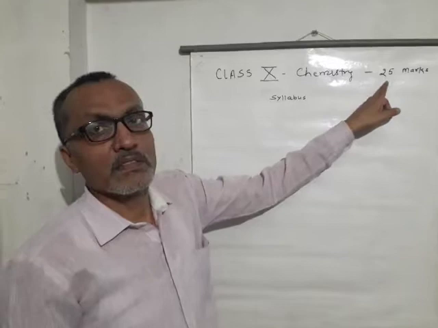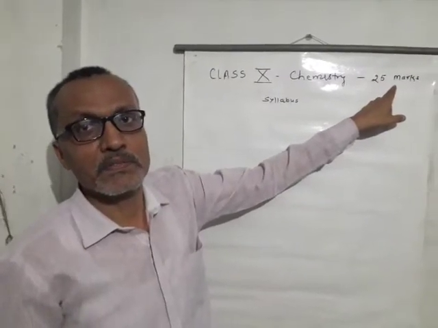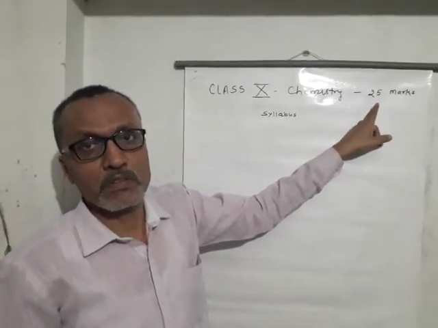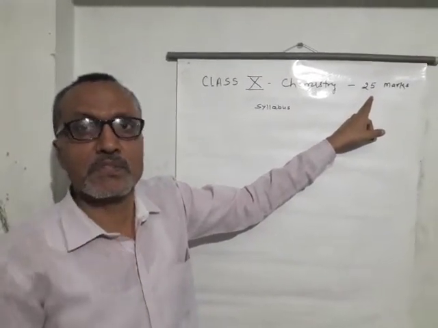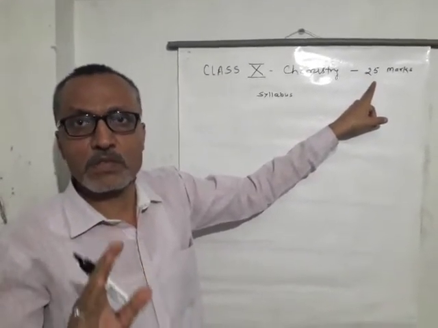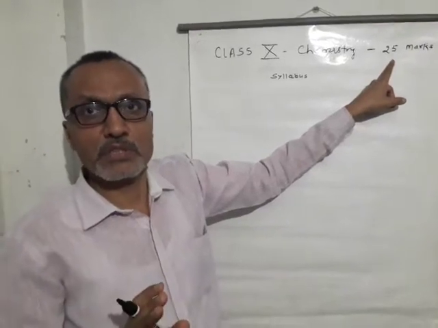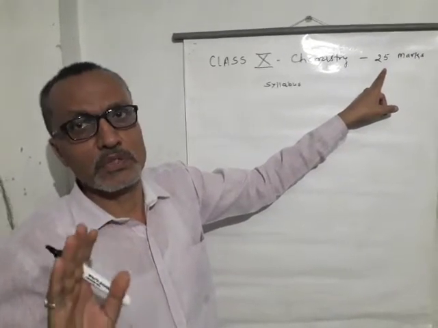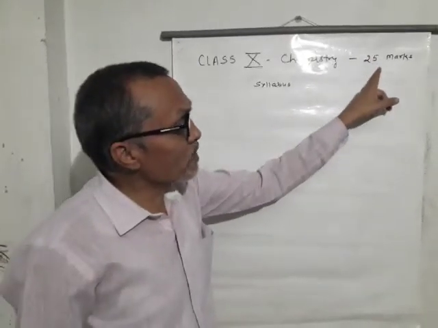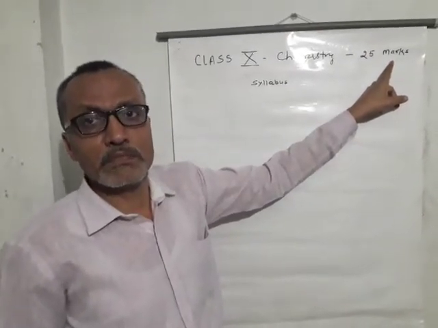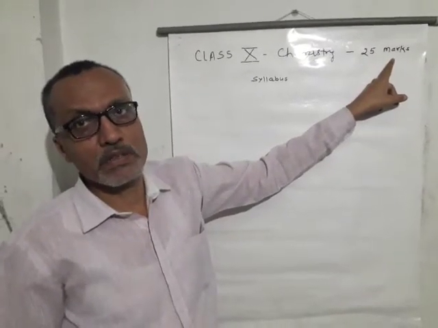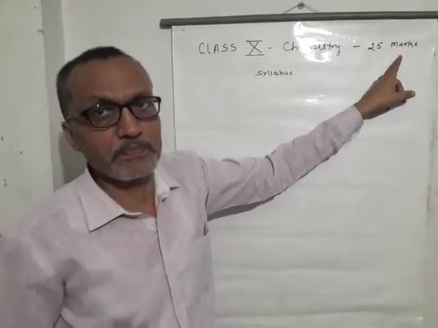From chemistry there will be 25 marks, and in these 25 marks questions will be of 4 types: MCQ type question, very short type question, short type question and long type questions. So in these 25 marks you have to prepare yourself so that you can perform well in your coming examination.